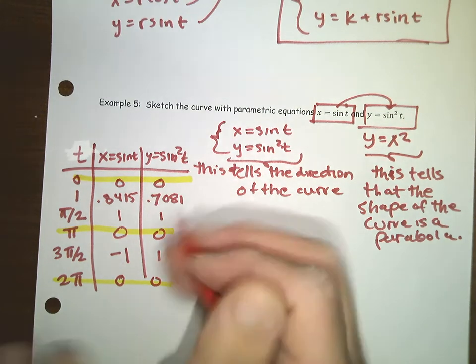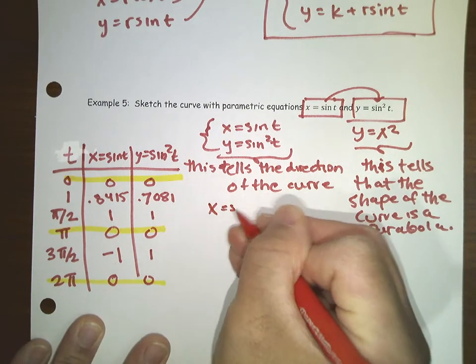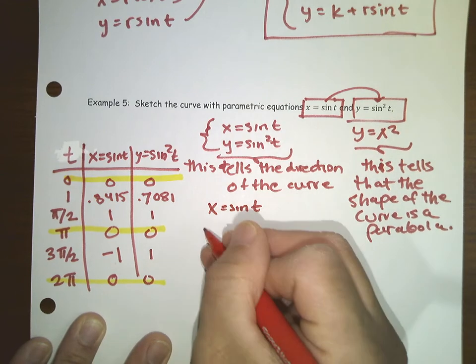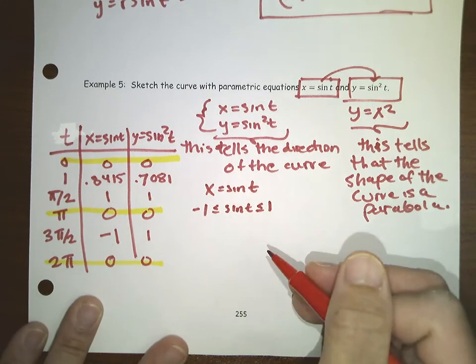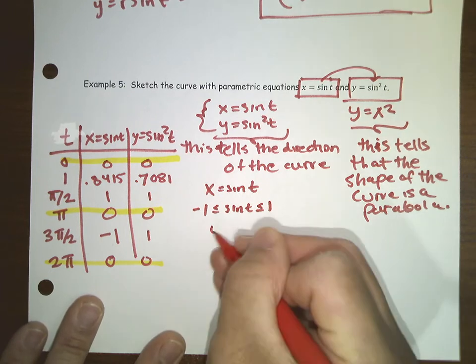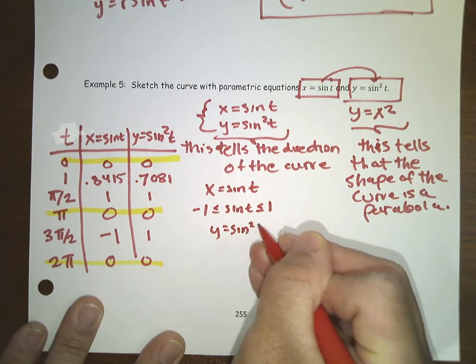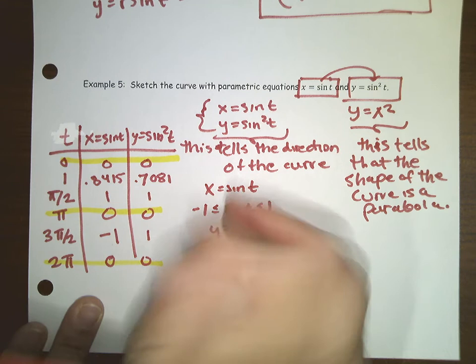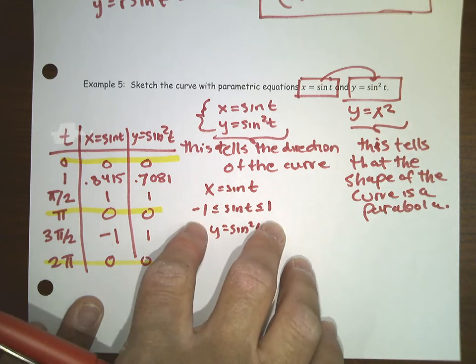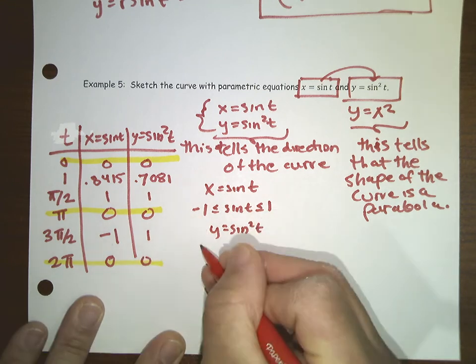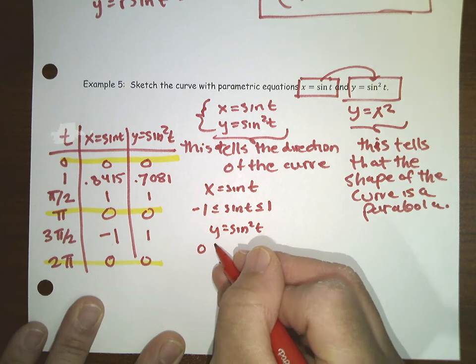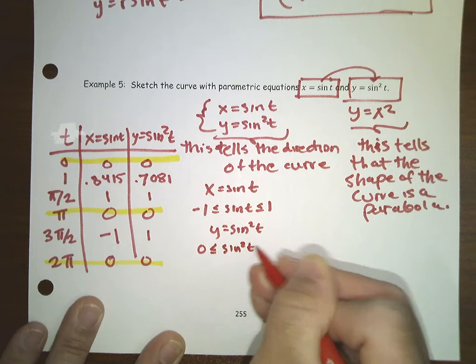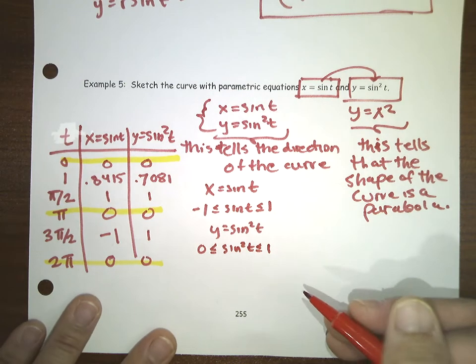Well, here's why. If x is sine of t, and you know that sine of t is between negative 1 and 1, and y is equal to sine squared of t, that means that y has to be between 0 and 1.